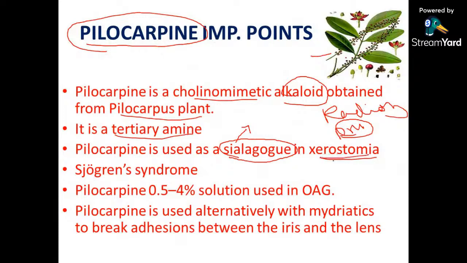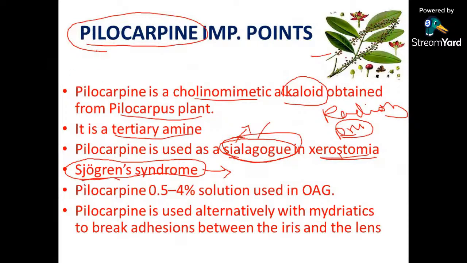In those conditions, pilocarpine is used as a sialogogue. Pilocarpine is also used in Sjogren's syndrome, another condition where the patient will have dry mouth, dry eyes, and is unable to produce saliva. In that case also pilocarpine drops are used.